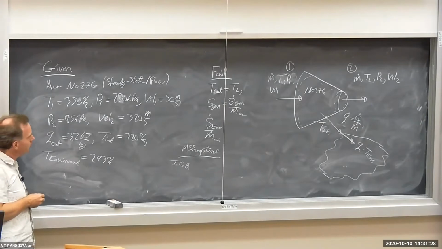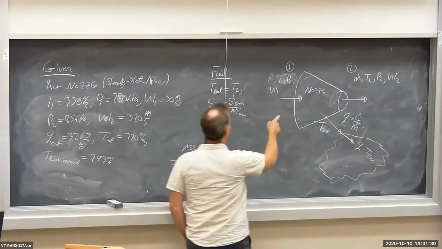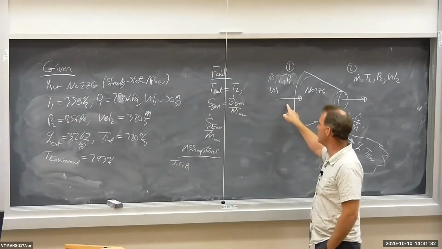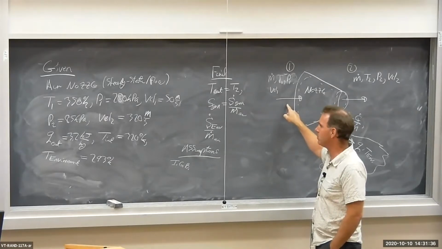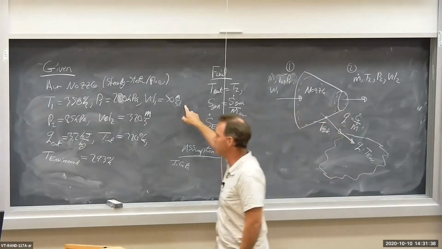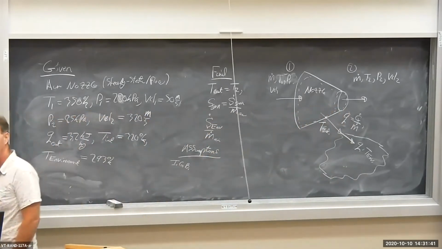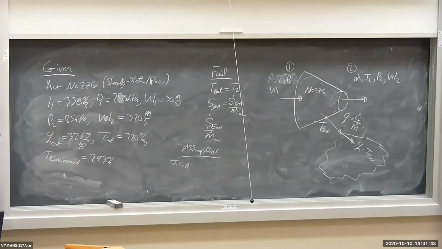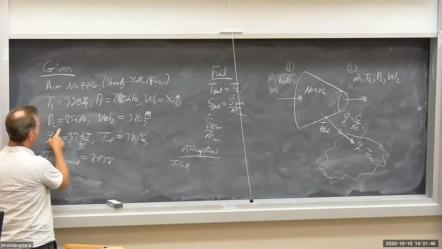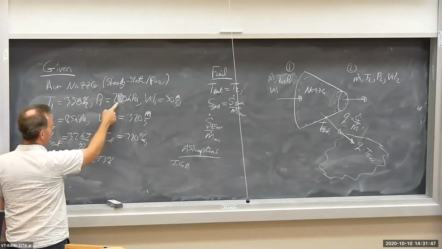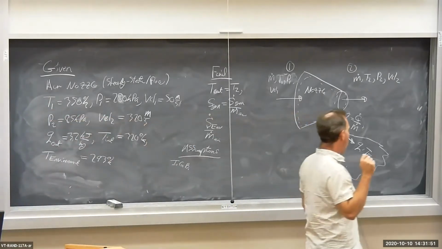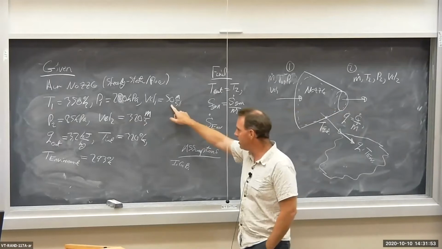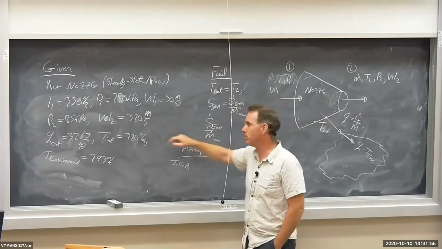The inlet temperature here is 350 degrees. Inlet pressure is 280 kPa, and the inlet velocity is 50 meters per second. So we have inlet temperature, pressure, and velocity at location 1. The outlet is at location 2, and pressure has fallen from 280 to 85 kPa, and velocity has gone up from 50 meters per second to 320 meters per second.